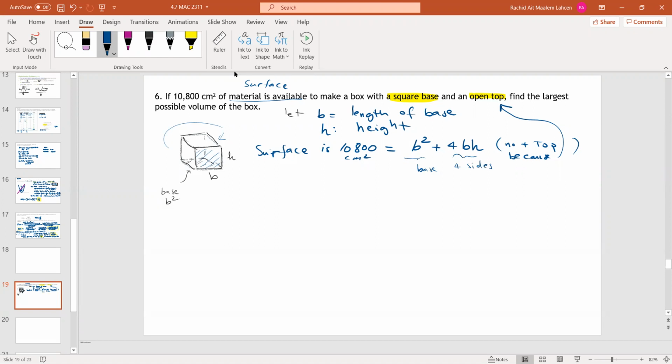We're supposed to have the top, but it's not there because it's an open top. So that's how this material is going to be used. And from here, it looks like we can get H out. So solve for H as 10,800 minus B squared over 4B.